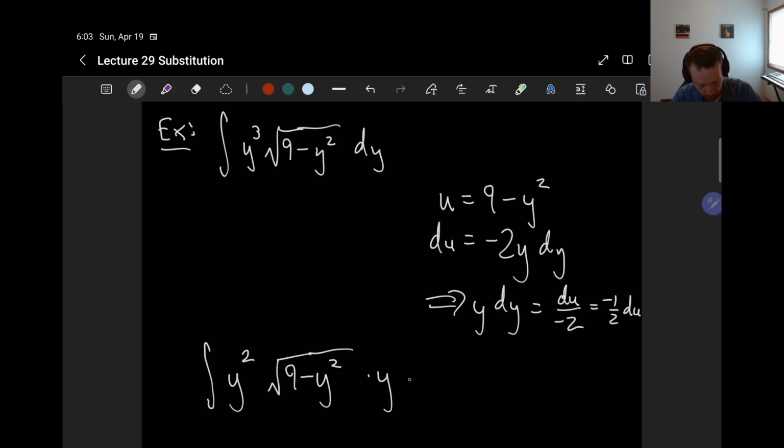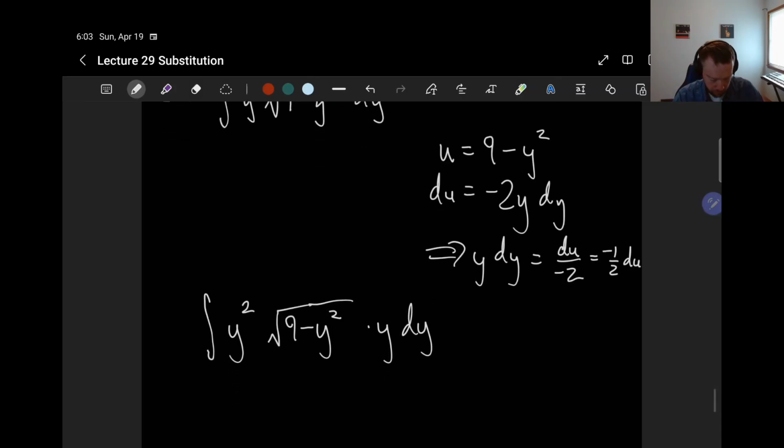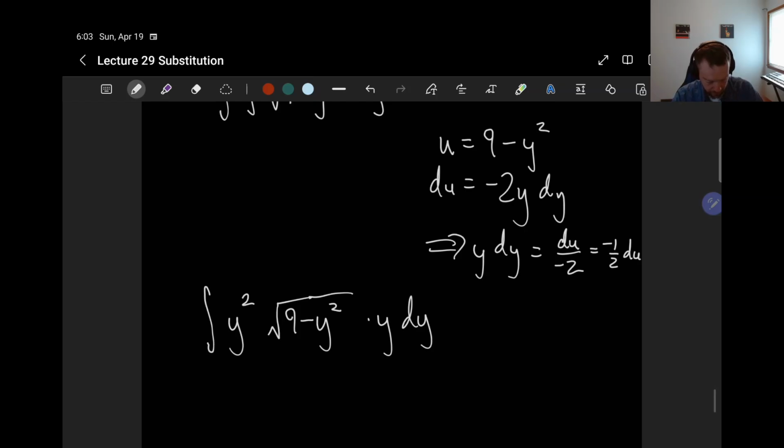So here's that other y, I just separated it from out of the y cubed. So this part is the square root of u. Great. This part is nice. It's just negative 1/2 times du. Now we still have to deal with this y squared.